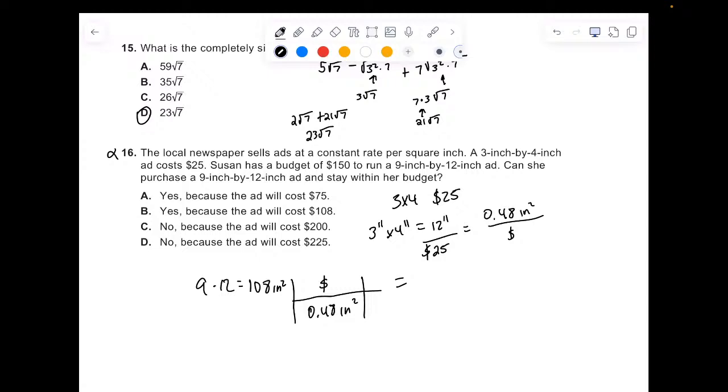When I plug that in, I get 51.84, which is not an answer. Let me check and see if the 0.48 is correct.